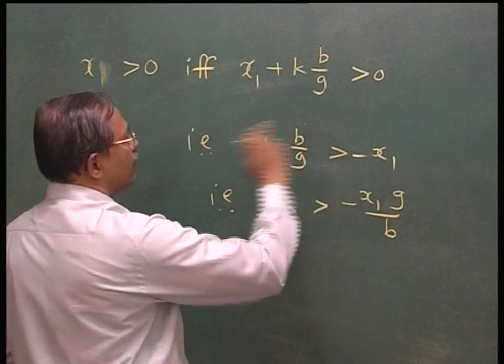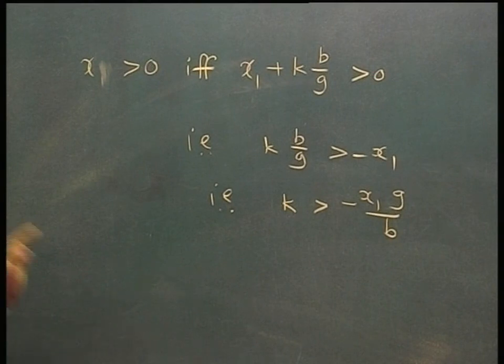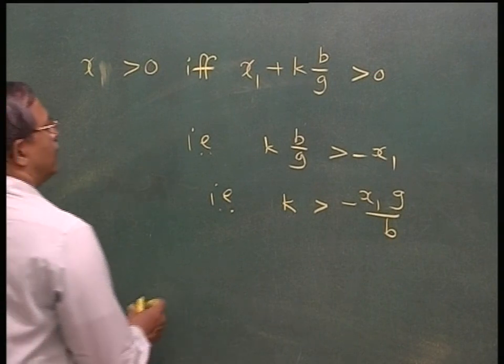Here b is assumed to be positive, so we can divide by b and the inequality remains as it is.